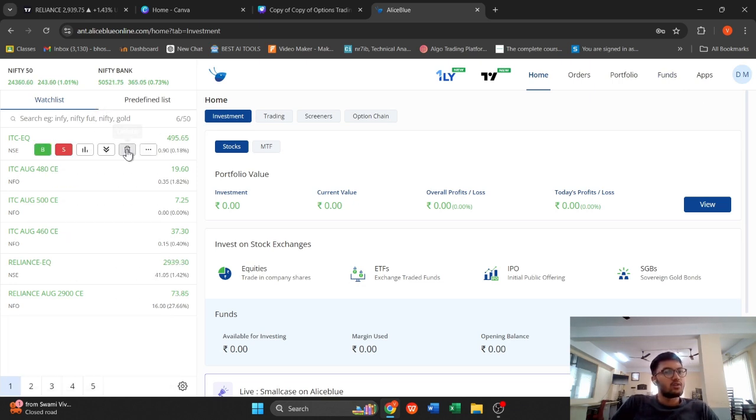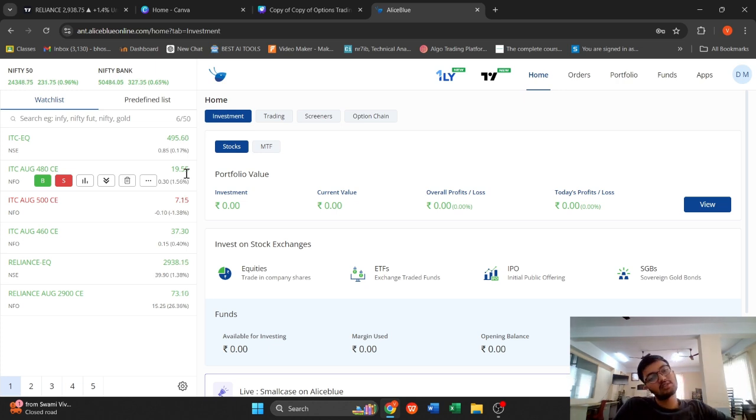So in this example we were talking about Reliance. ITC, that day we were talking about, the ITC price was 486 if I remember, and we were thinking that if the price of ITC goes up, we'll make money in the call option. This was roughly trading at 16 rupees, and now it is trading at 19.55 rupees.